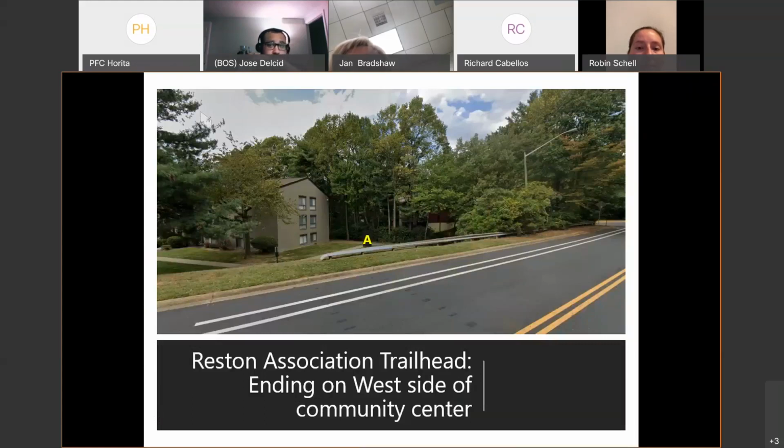All right, we have the Reston Association trailhead that ends on the west side of the community center. You saw this in the earlier slide. This is close to the sidewalk from the Resting Glades that ends and leads to the community center.